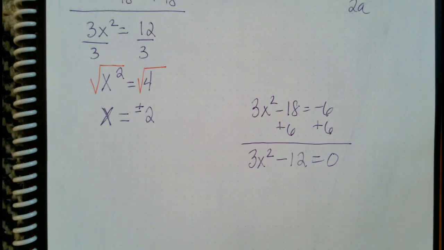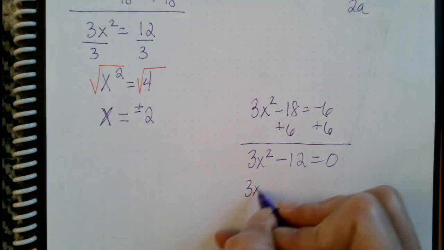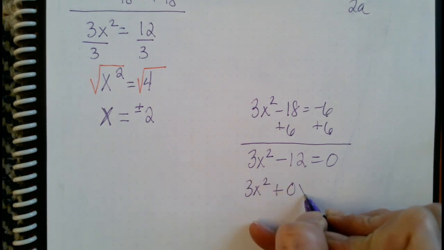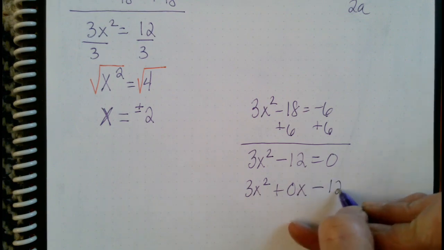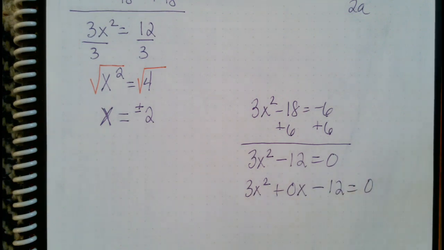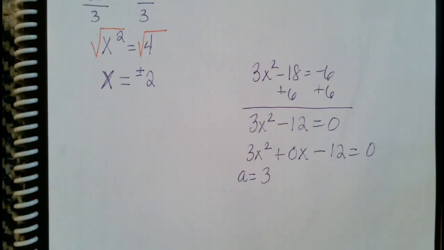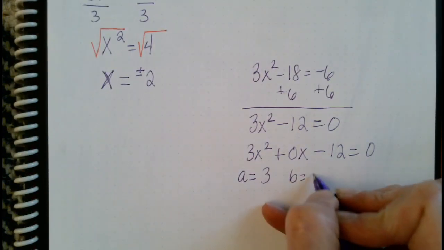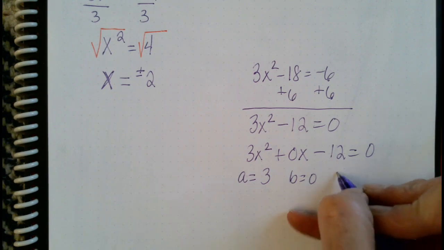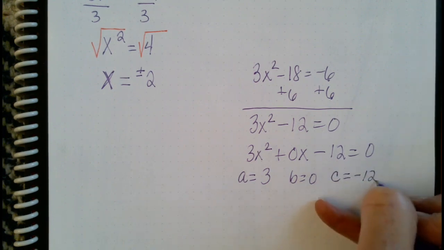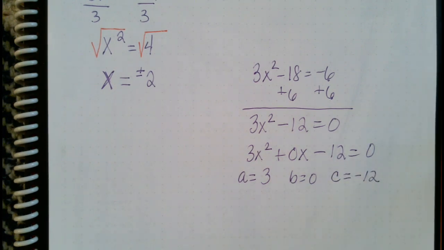Well, on this particular problem here, what happens is we have 3x squared plus 0x minus 12. Just to point out the fact that A would be 3, B would be 0, and C equals negative 12 if you prefer to use the quadratic formula.